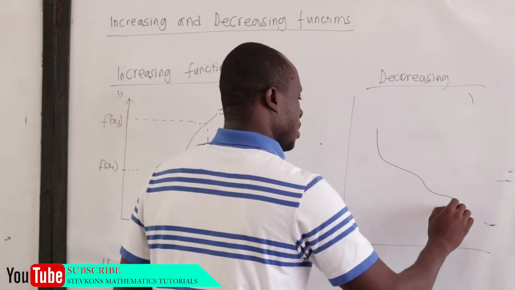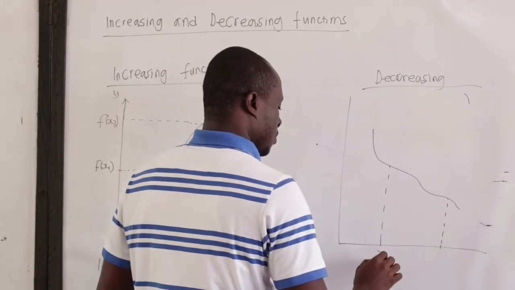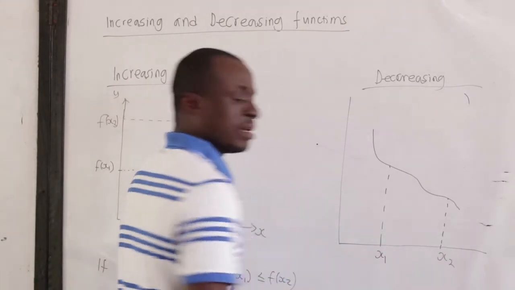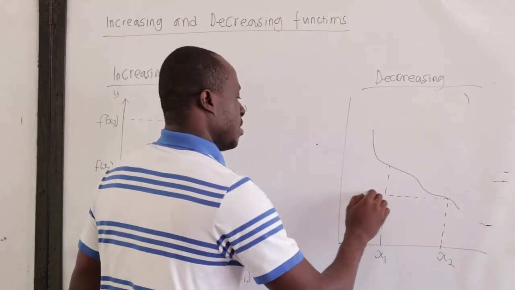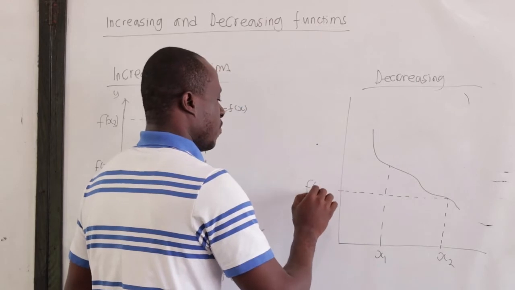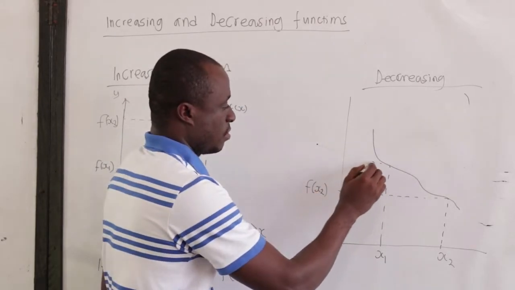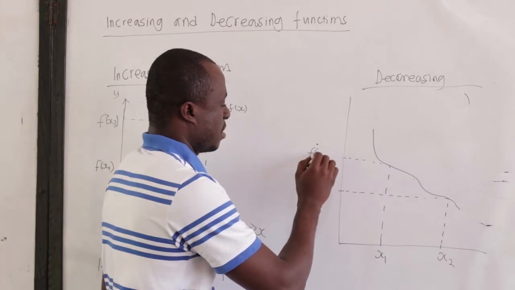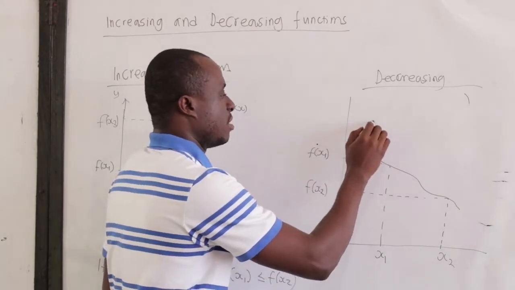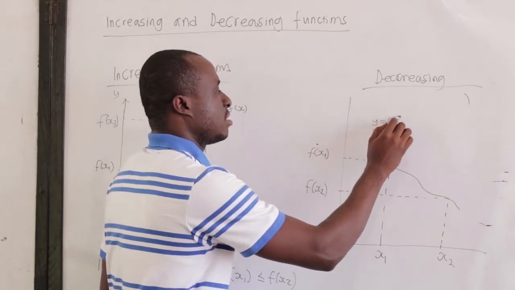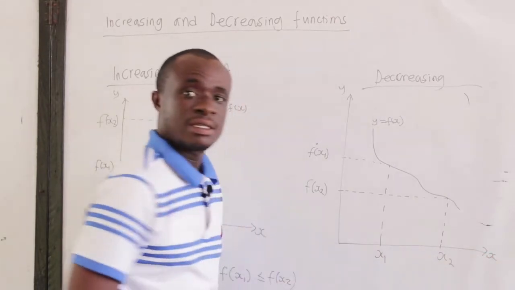So let's suppose we have this is x1, this is x2, and clearly this is giving us f of x2, and this would also give us f of x1. Now let's suppose that this is y equal to the function f of x. This is our y-axis, this is our x-axis.